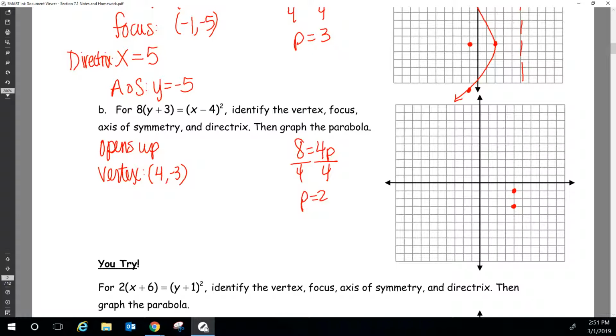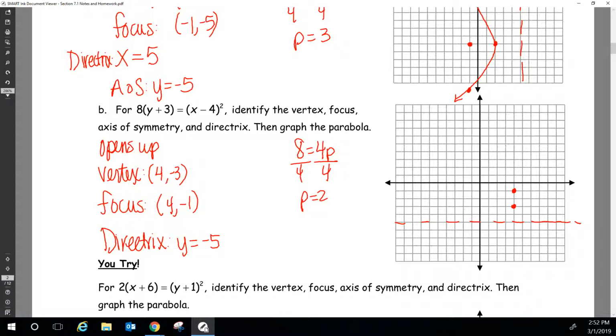Since we're opening up, we're going to go down 2 to find that directrix. Remember, your parabola always moves away from the directrix and hugs your focus. So our focus point here is at (4, -1). Our directrix is at y = -5.